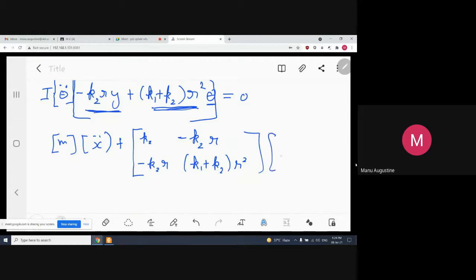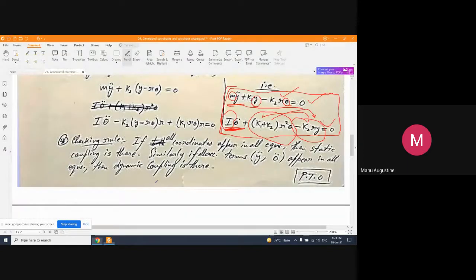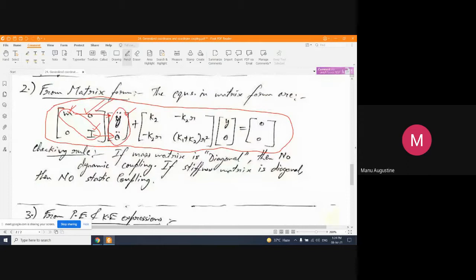And obviously after that, your displacement vector will be y theta equal to 0, 0. This is what you have. So this was basically a revision of what you already know, how to construct this. Some of you must be remembering, we have already studied this.